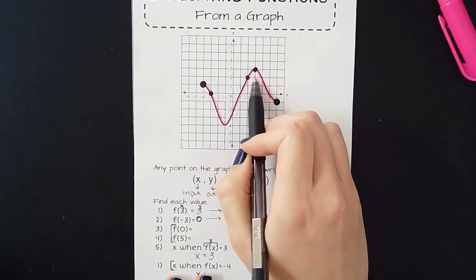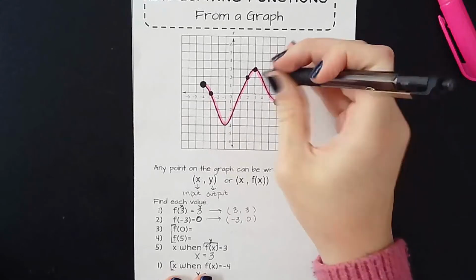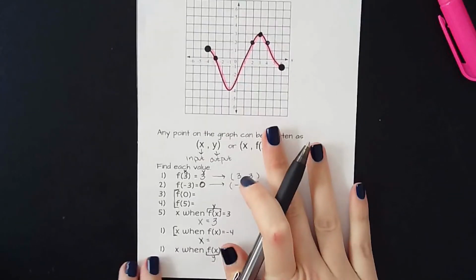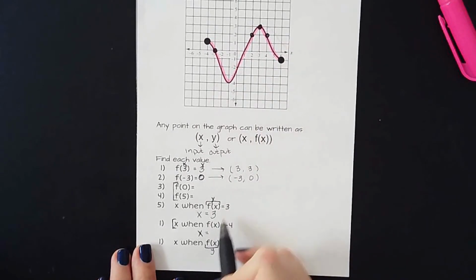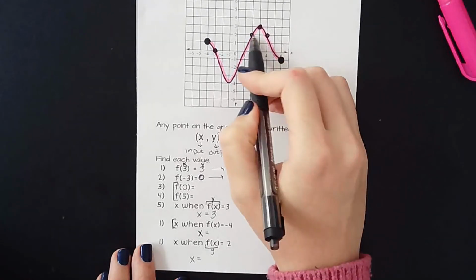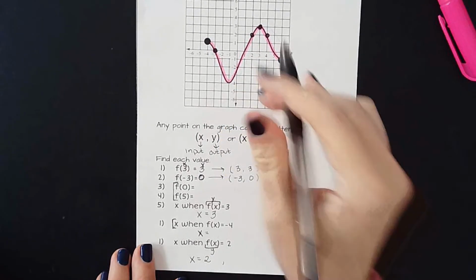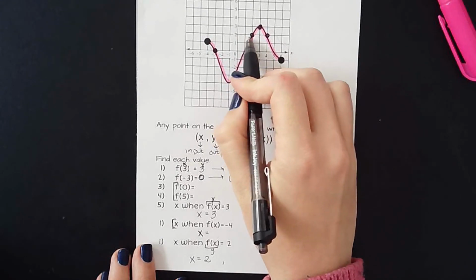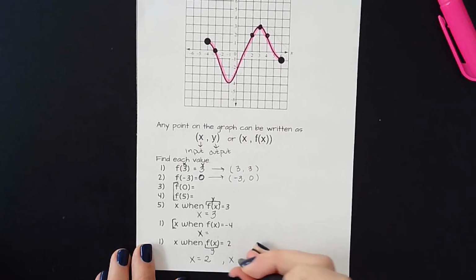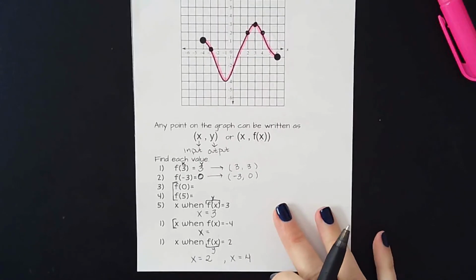But if I keep going, there's another point on that line where y equals 2, right here. So in this case, I'm going to have two answers. When my y value is 2, my x value is 2, for that first point. And when my y value is 2, I also have an x value of 4. So x equals 2 and x equals 4 for this one.